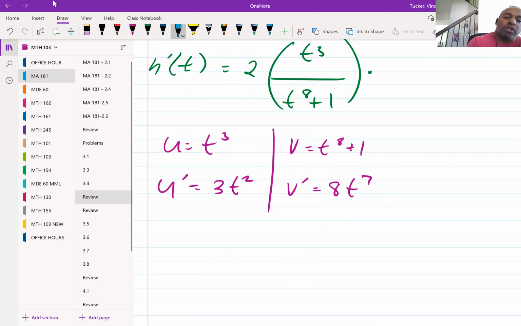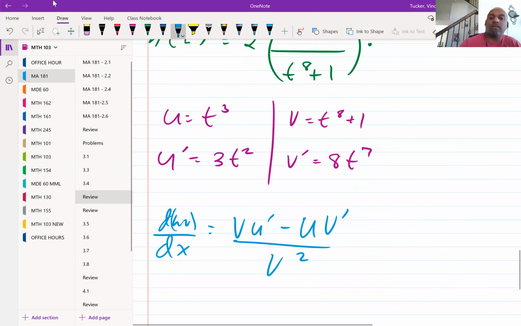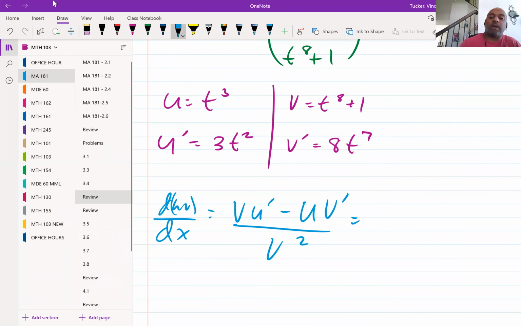So the quotient rule is, let's see, the derivative of u over v is v u prime minus u v prime, all over v squared. All right, so v is t to the 8th plus 1. u prime is 3t squared.